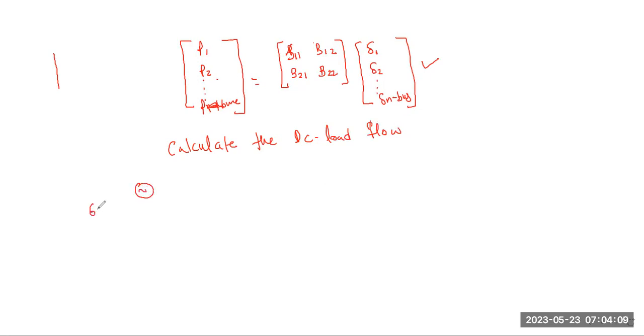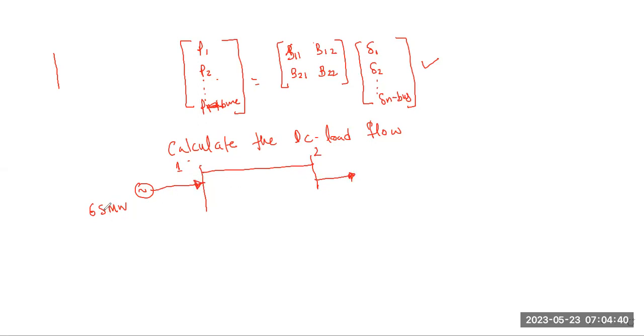This is 65 megawatts, getting injected into the bus. This is bus number one, and this line is getting connected to bus two here. This is your line number two, and from this bus, this power is going out, this power is going in.